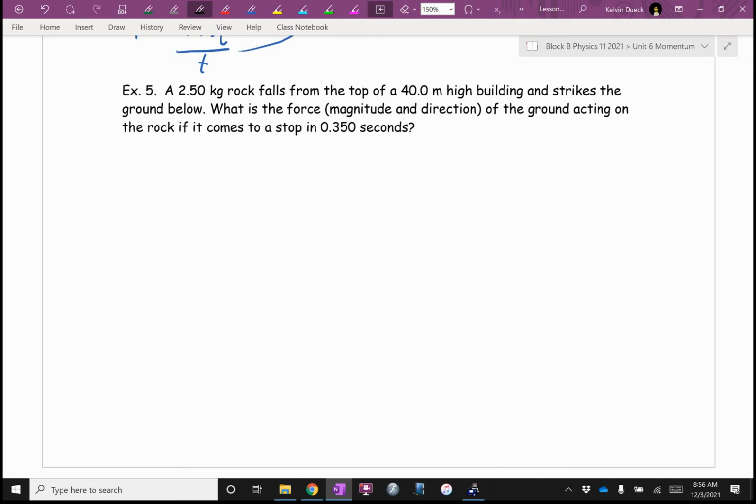Nicole, what's this asking me to find? I might be able to do this with F equals ma, but did they give me a time? I think I'm going to try doing this with impulse. Again, force times time equals m v final minus m v initial.